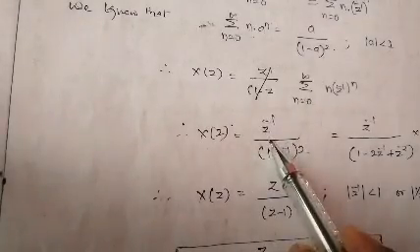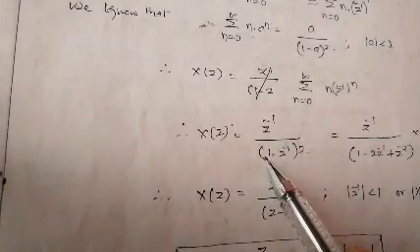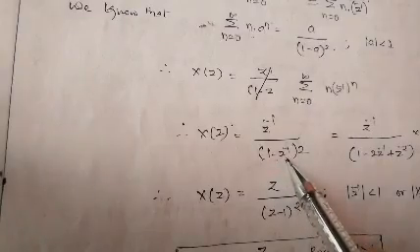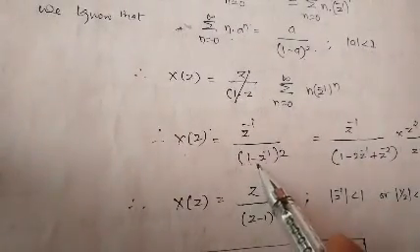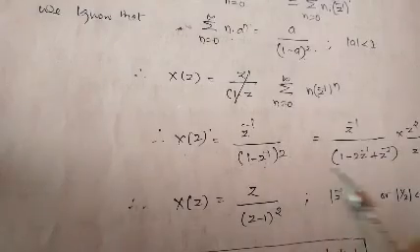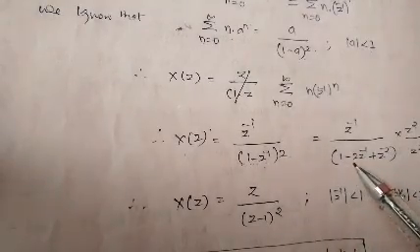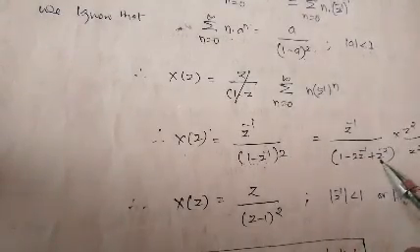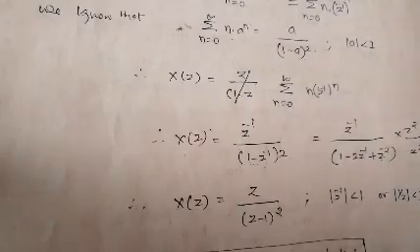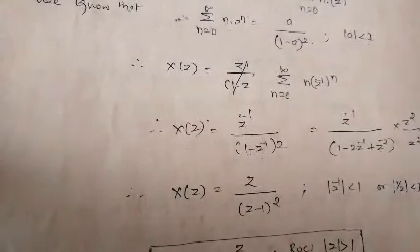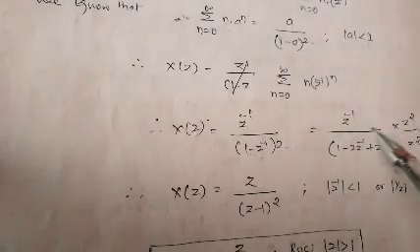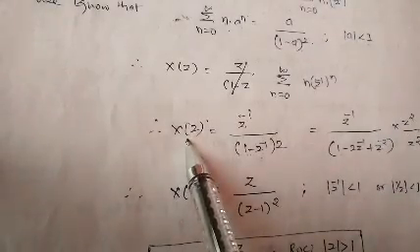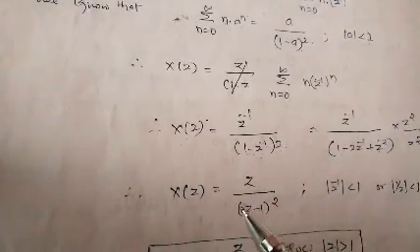So X of z equal to z to the power minus 1, in the denominator 1 minus a, that is z to the power minus 1, whole square. It is of the form 1 minus a whole square, that is a square minus 2ab plus b square. The numerator is the same. I am simplifying this by multiplying the numerator and denominator by z square, because I am going to express the entire result X of z in terms of positive powers of z.